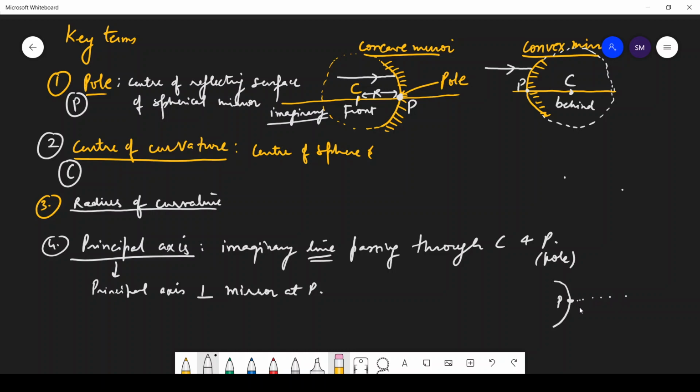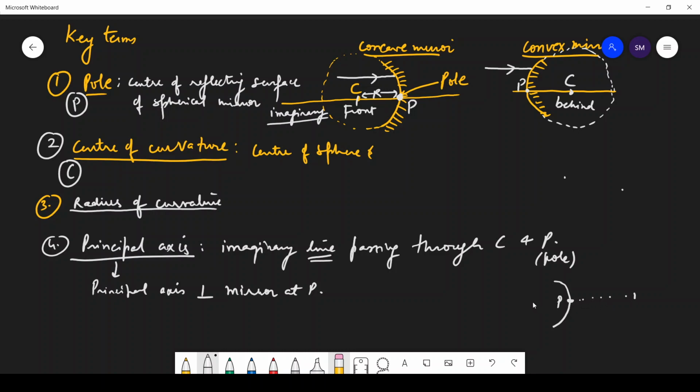As I go near and near to this point P, this curve will become behaving like a flat surface. So when you go very near to it, in a microscopic view, this reflecting surface at this point will behave like a plane mirror.